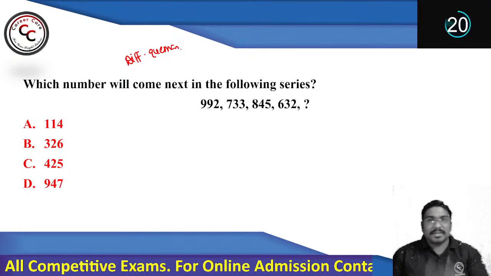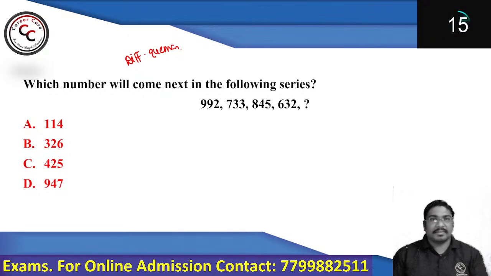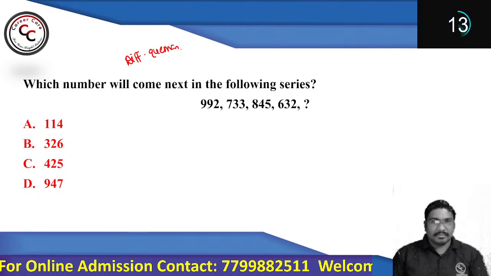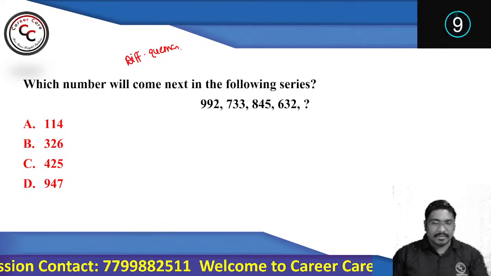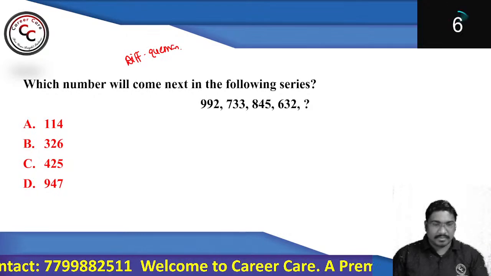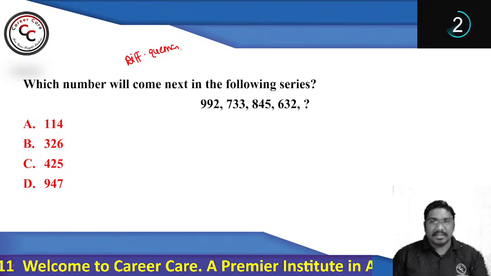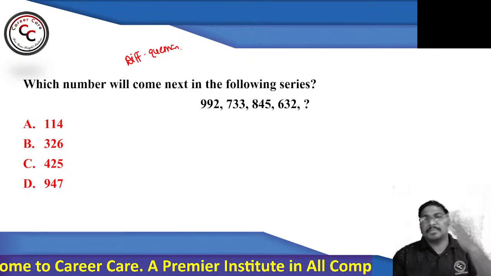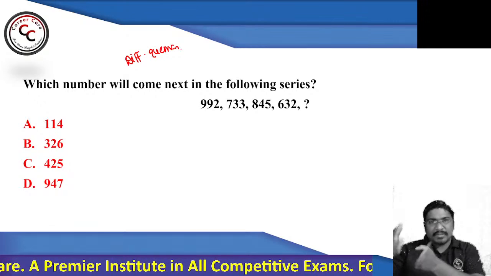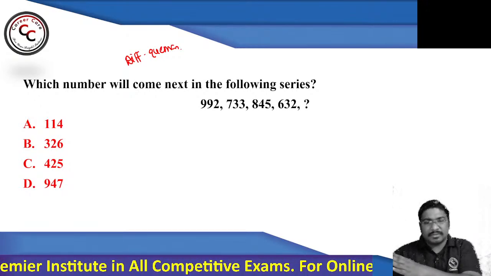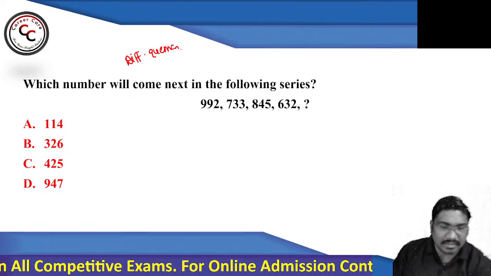Rahim MD is saying option number C. Let's see. See, this is not a traditional number series. For example, 992, 733, 845, 632, they are alternately increasing and decreasing series, right?